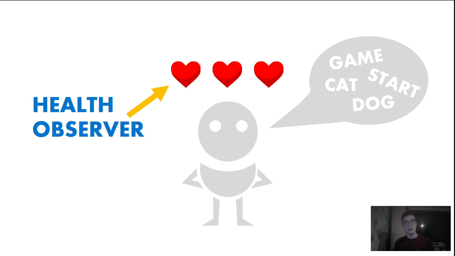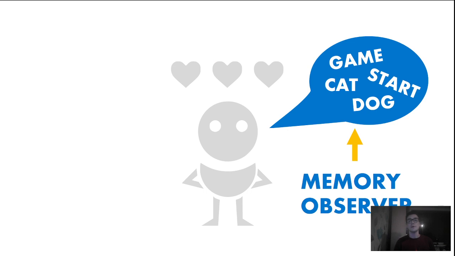That means he has some kind of a health component which contains this health value, and also in the graphical user interface it has some kind of health objects. And to observe these objects and these variables, we have a health observer. And also for the memory, we have the memory observer.